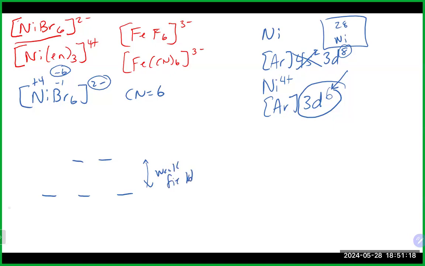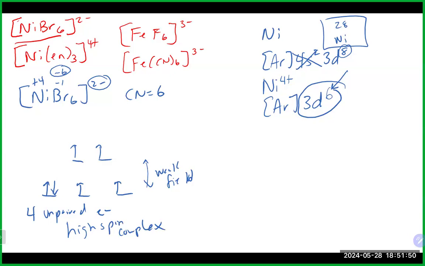When we go to distribute these 6 electrons, they will go in like this and decide that is not too bad, and they will fill in like this. This will end up with 4 unpaired electrons, and this would be considered a high spin complex. Those are typical questions that you're asked: how many unpaired electrons does it have, and is it high spin or low spin? Any question on that one there?